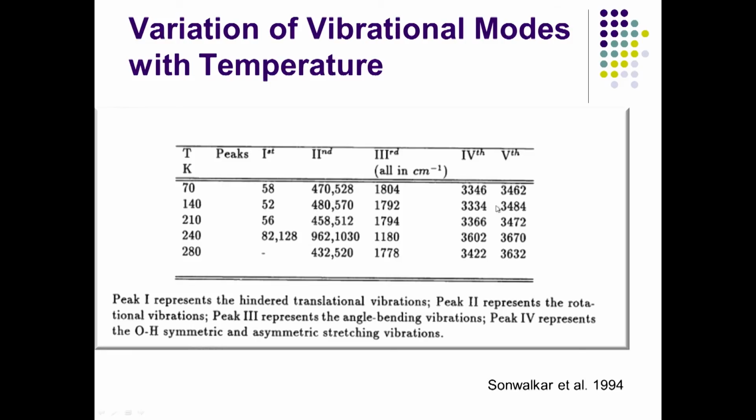We found a very good match with the experimental numbers and the trends of the change in frequency of vibration as you increase the temperature. That means we are looking at the shift of OH frequency with temperature, which we measured experimentally as well as with the molecular dynamics simulation.